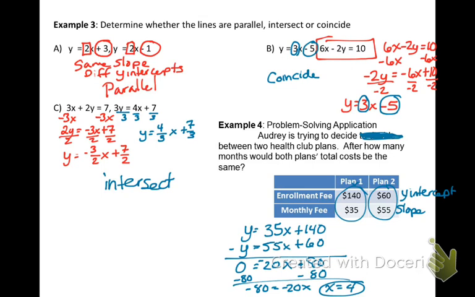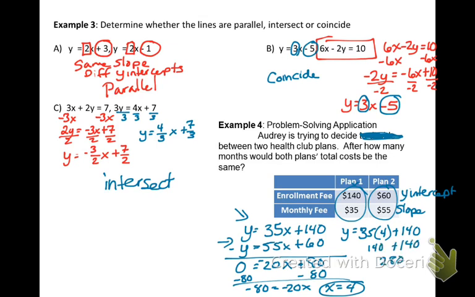And then I would plug in 4 for x, it doesn't matter which equation. I'm going to just take the top one. So y equals 35 times 4, which is 140, plus 140.